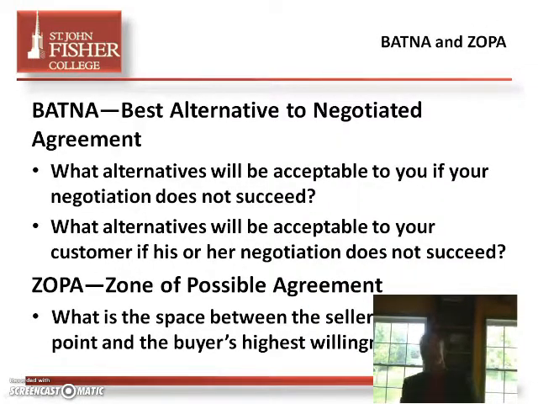I teach BATNA in negotiating when we teach organizational behavior, and I also teach ZOPA, Zone of Possible Agreement. BATNA is the best alternative to a negotiated agreement. Just as I was saying before, what is it that you want? What is it the buyer wants?